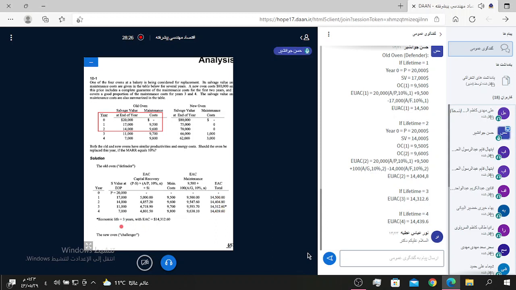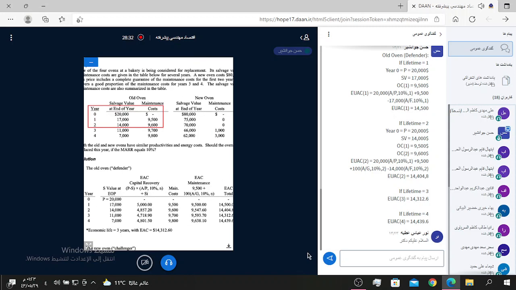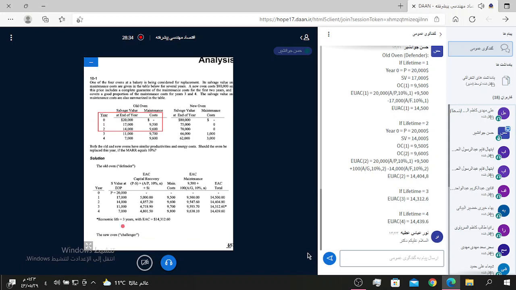Economic lifetime is 3. I mark it. It's better than all the other UAC, with UAC equal to this number. It's for the old oven Defender.